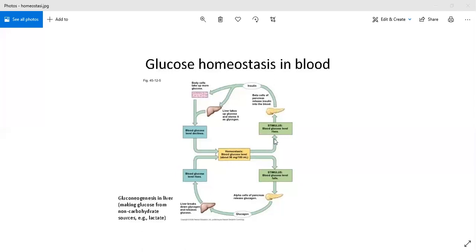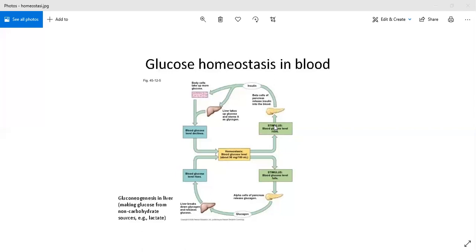Now, if blood glucose level rises, this becomes a stimulus. Once the blood glucose level rises and the body detects that the amount of glucose has risen maybe to 120 milligrams per mole, or more than 10 millimoles per liter, if we are using millimoles per liter.